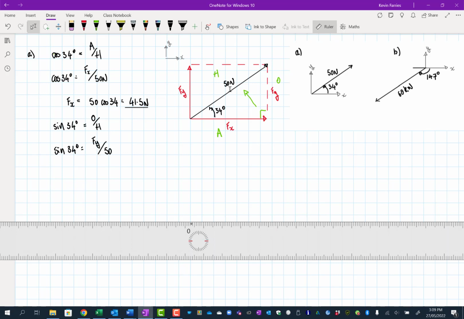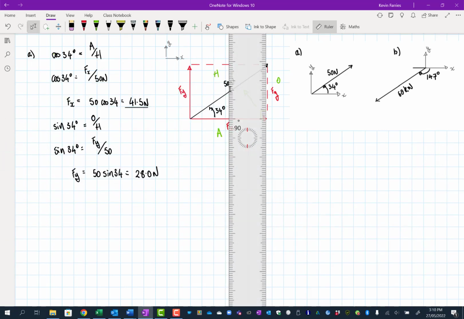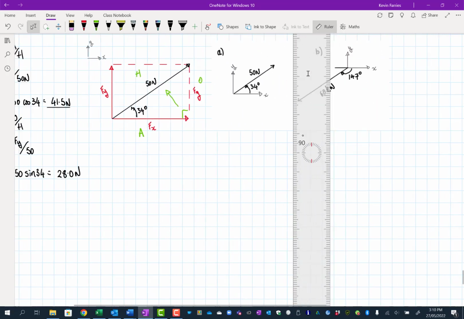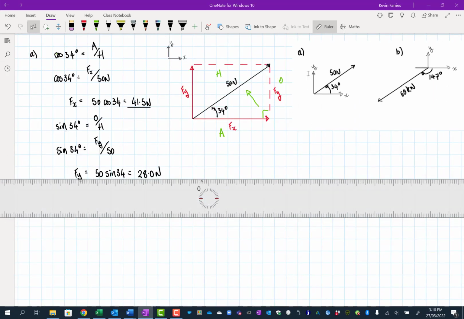Times both sides by 50, swap them around, Fy is equal to 50 sine 34, which is equal to, if you put it in your calculator, 28.0 newtons. Check it makes sense. So this time we've got 10, 20, 28, looks about right. We'll underline it to show that we've checked it.